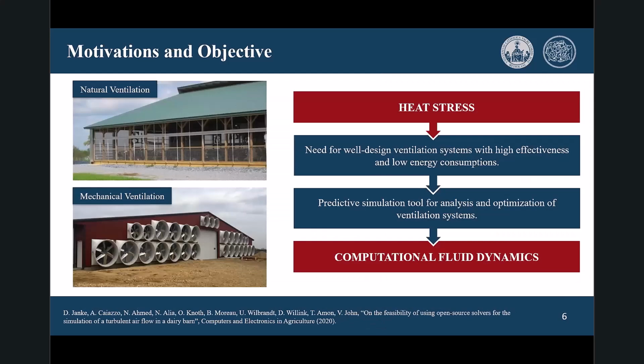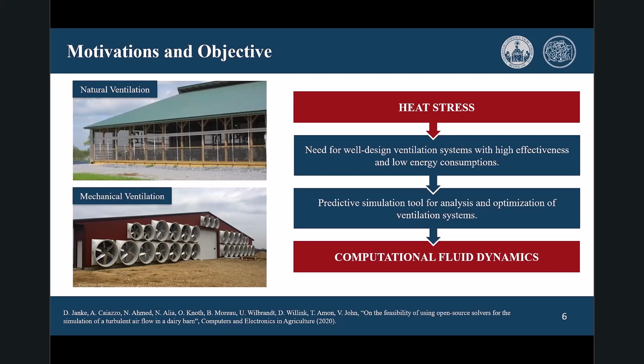It's clear that as heat stress is sparked off by very hot external conditions, the ventilation system and indoor conditions of the barn are extremely influential. The ventilation system of a livestock building must be correctly sized and designed in order to have good productivity of the animals.